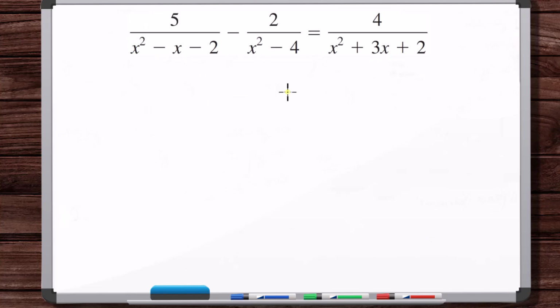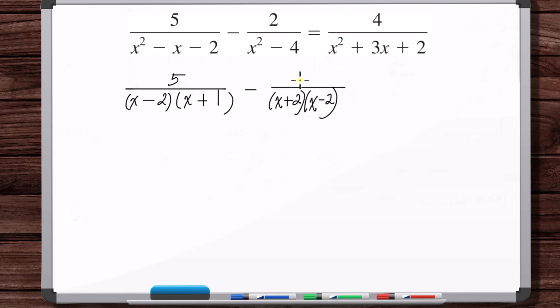Okay, let's factor each of these denominators so we can get a better sense of what the least common denominator needs to be. So, okay, we've got, okay, let's see.